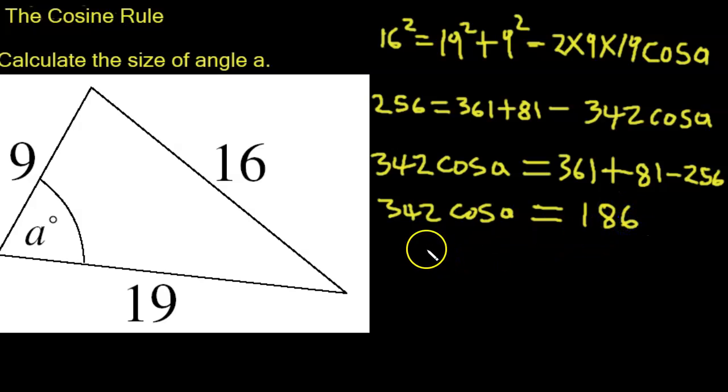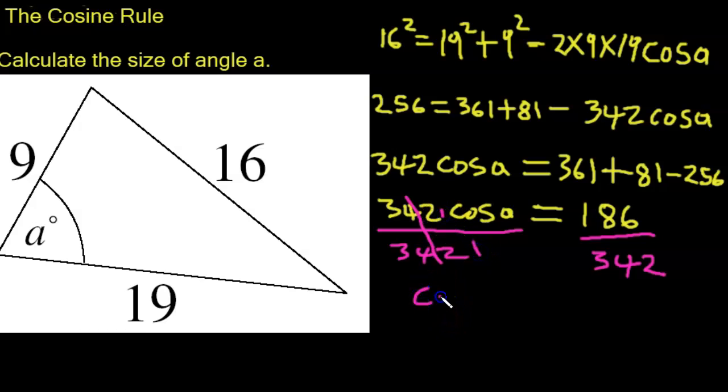And now we want to find cos A by itself, so we need to get rid of this 342. So we divide both sides by 342. So 342 into itself, that's 1. So we have cos A equal to, what's 186 divided by 342?